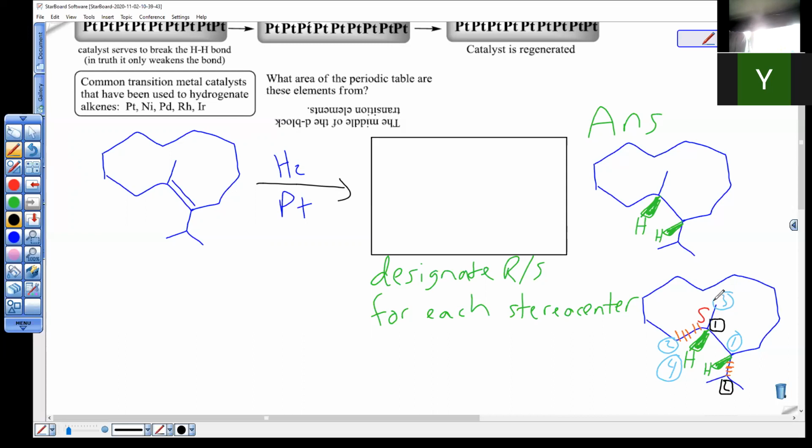The two branches here, one's a methyl, that's still a tie, but this is a CH2 with another C. That's going to be the CH2 with another H. And then our 3 is an unbranched C here because it only has one more bond to C, and our 4 is our H again. Wrong answer being S. Therefore, the right answer is R. There you go. So we did that part there too.